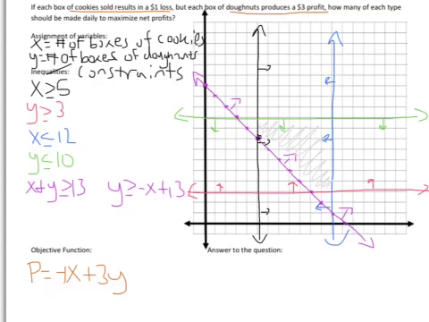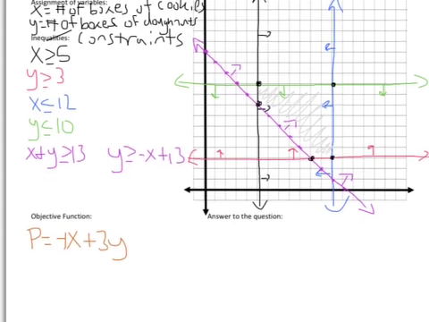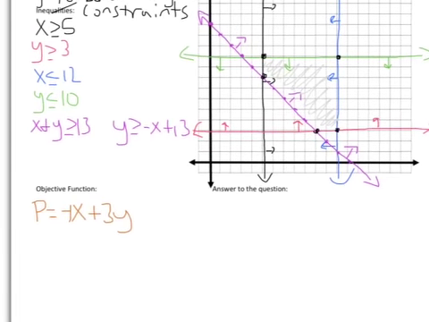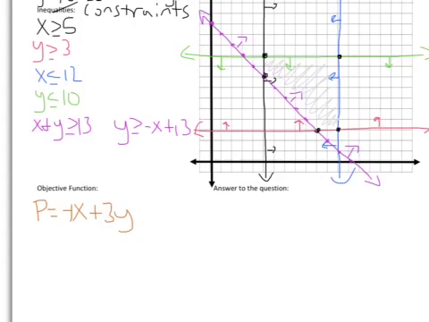So my corner points are going to be as follows: this one here, this one, here, here, and here. I'm going to do the rest of my work down in this area. Let's start with this one being A, this one B, C, D, and E. My first one, A, is 5, 8.